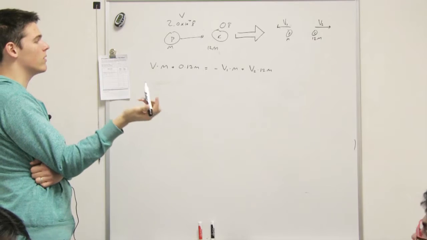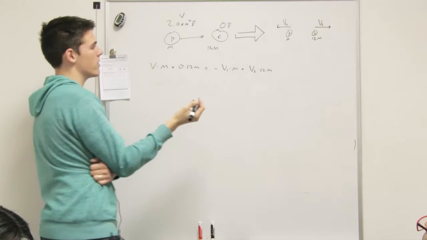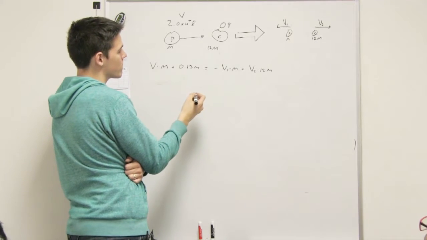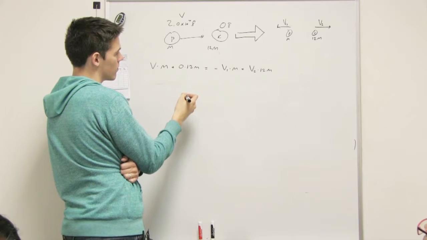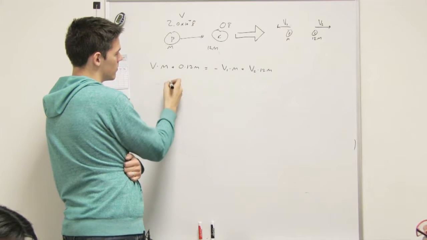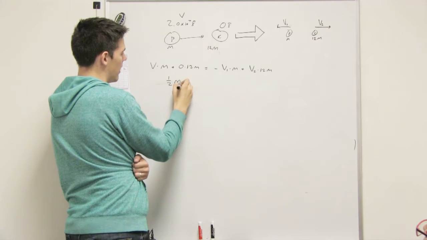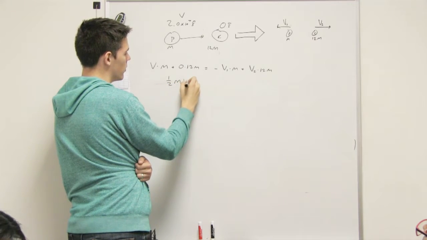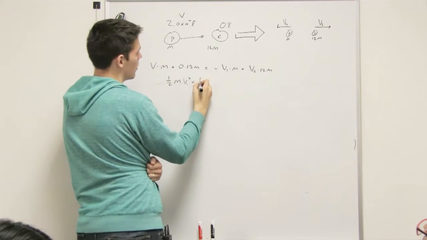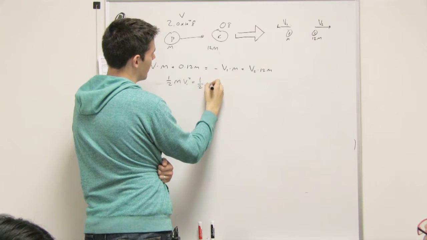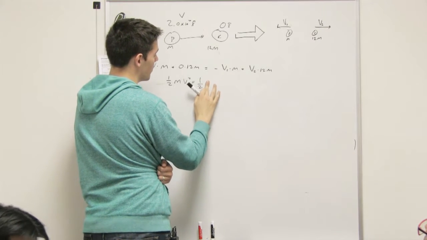Oh, the kinetic energy. So we have to use conservation of energy. It's going to be 1/2 m times v1 squared is equal to 1/2 times 12m times v2 final squared.